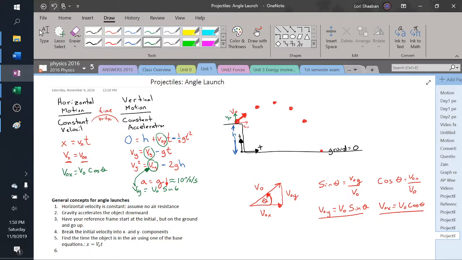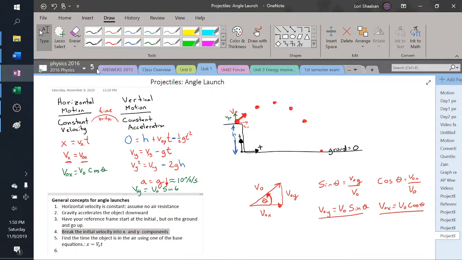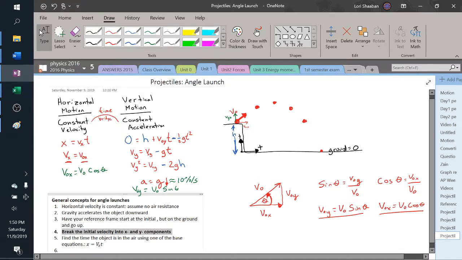All right. Now uncircle just so it doesn't look so messy. Got it. Okay, so that's one thing. So one thing that's different is the fact that we need to break our initial velocity into its x and y components. That's a key piece in using angle launches.